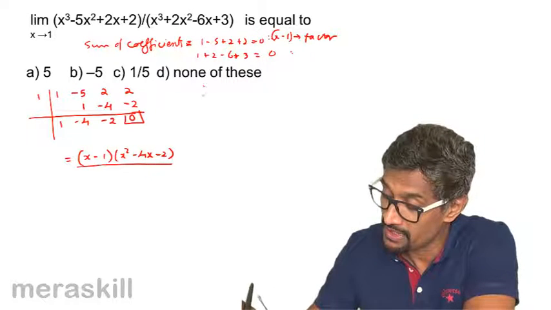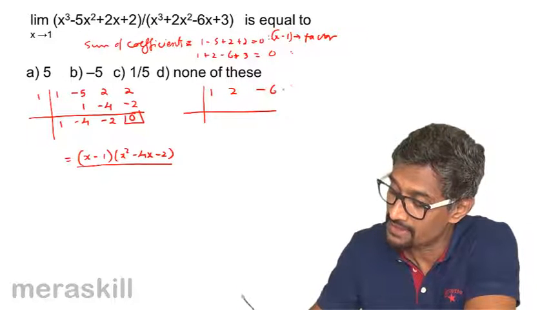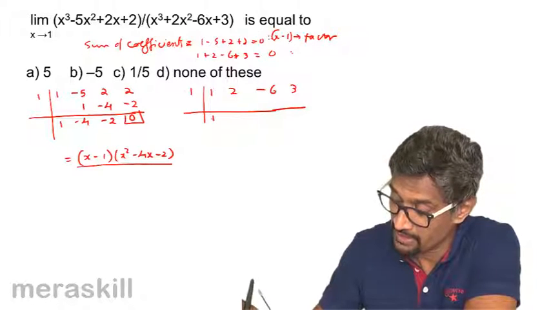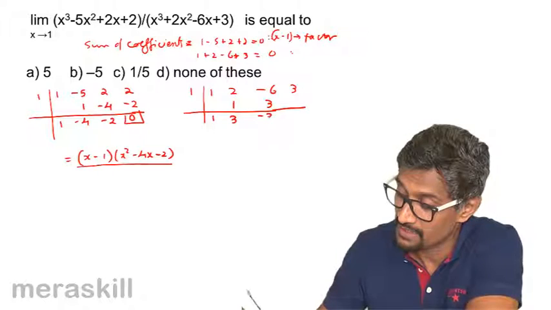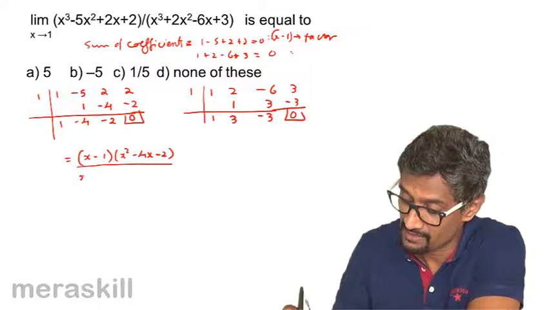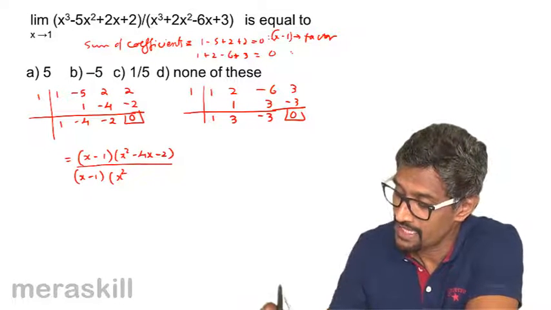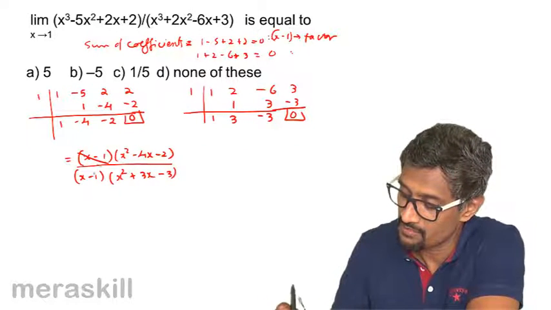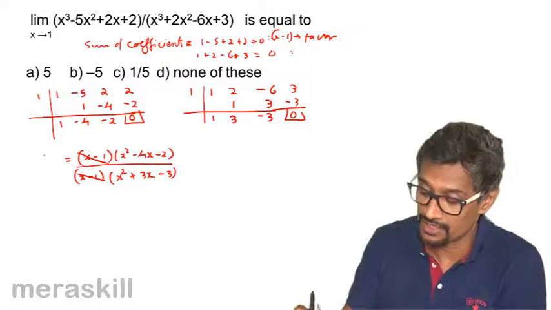Same way the denominator, if you take it into account, you get 1, 2, minus 6 and 3. And here you put 1, you get 1, 1 into 1, 1, 2 plus 1, 3, 3 into 1 is 3, minus 6 plus 3, minus 3, minus 3 plus 3, 0. So the denominator is x minus 1 into x square plus 3x minus 3. So this gets eliminated. So this is what the function turns out to be.